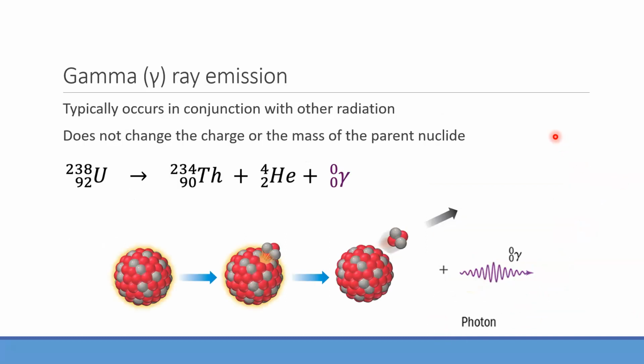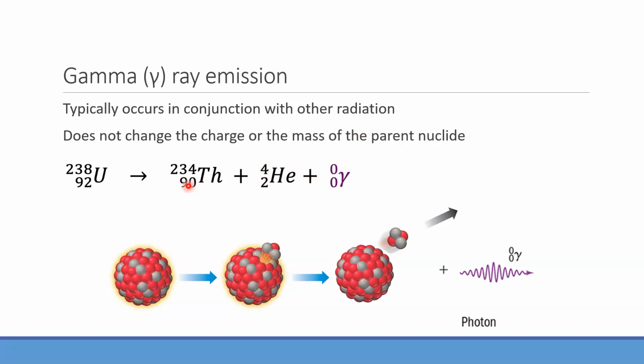With gamma ray emission, this is typically occurring in conjunction with other radiation. You don't generally see it by itself, and it doesn't change the mass or the charge of the parent nuclide. So you could have your uranium-92 going to thorium-90, and your helium, and then you also have the gamma ray.